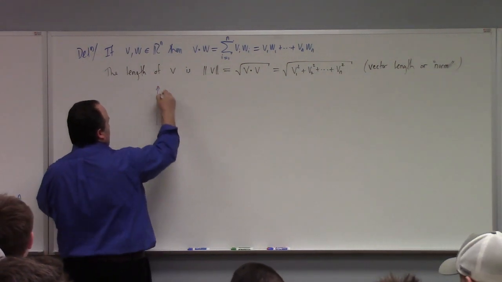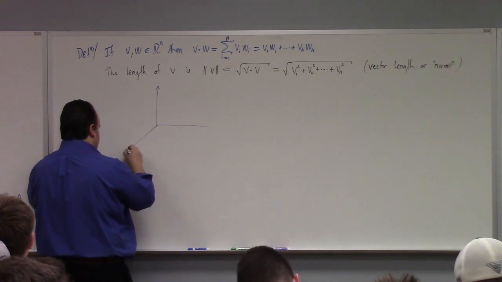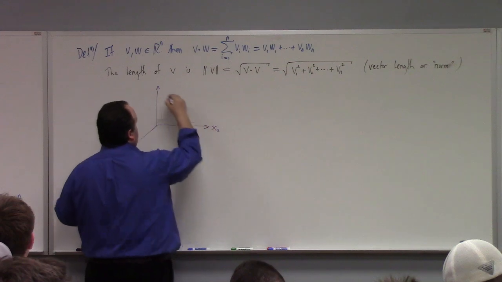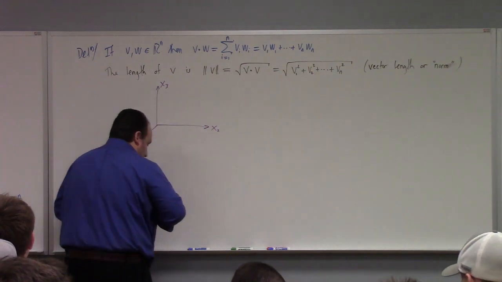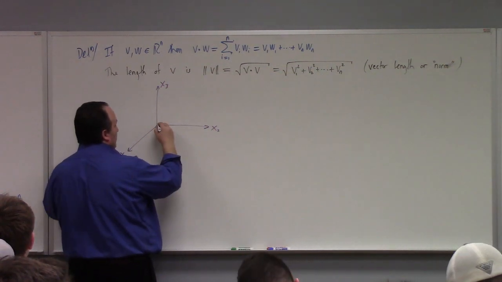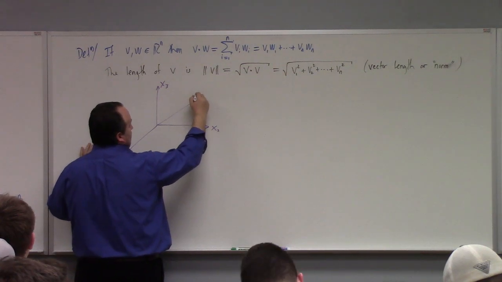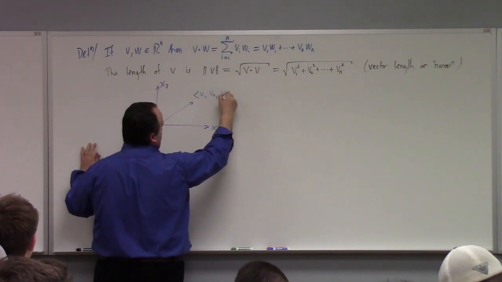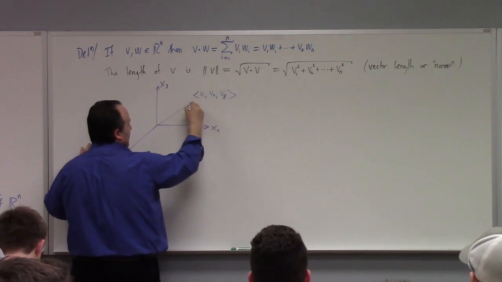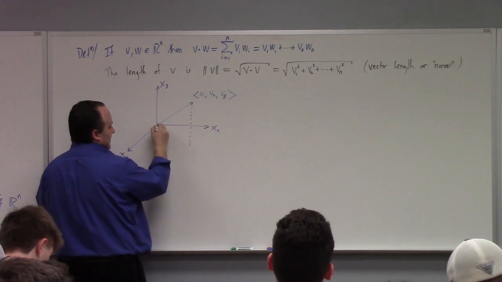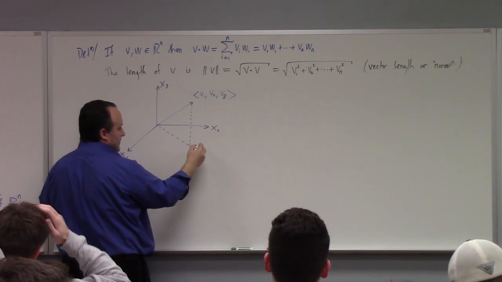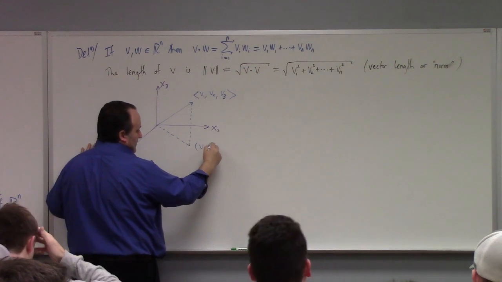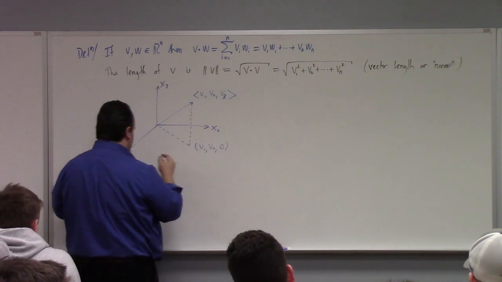I'll draw you a 3-dimensional picture of this because that's the one place where it's most easy to see. If this is x1, and this is x2, and this is x3, you see, if I have a vector from the origin like so, v1, v2, v3, if I drop that down, it gives me a projection down into the x1, x2 plane, right? This point down here would be v1, v2, 0, right?